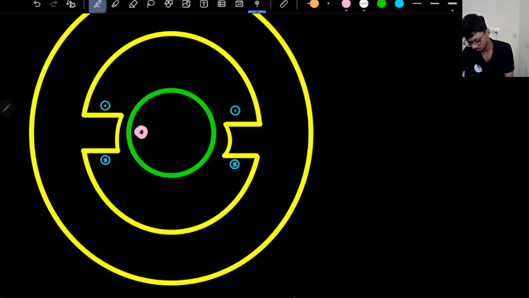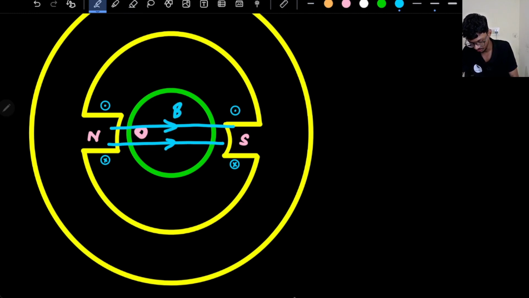So this will be my north pole, and this will be my south pole, correct? So the field direction will be somewhat like this.